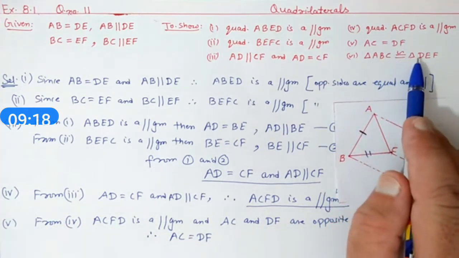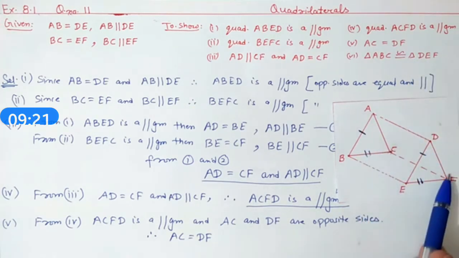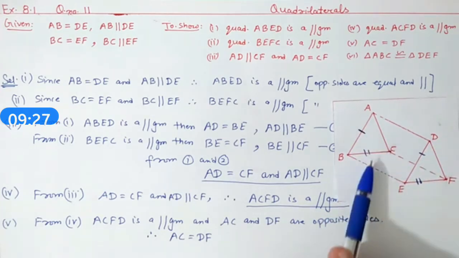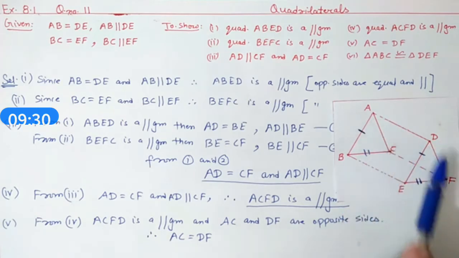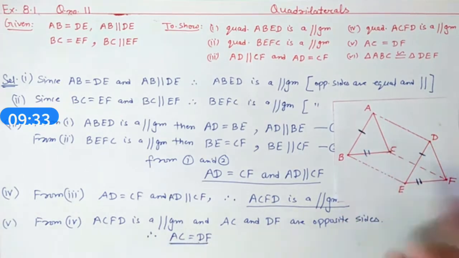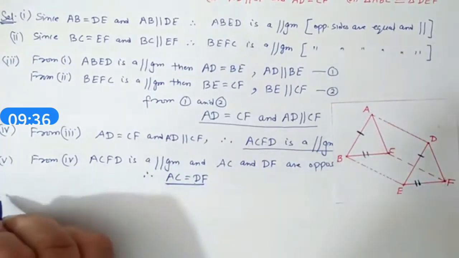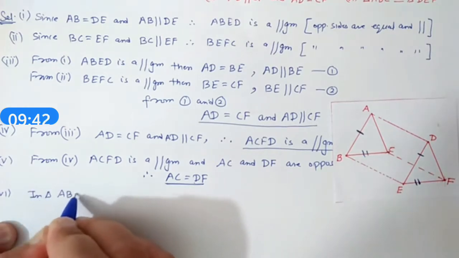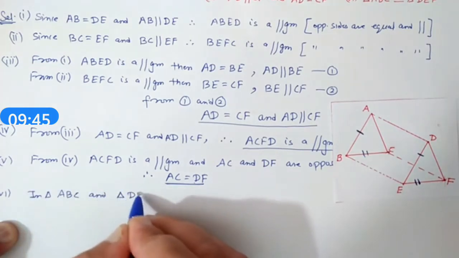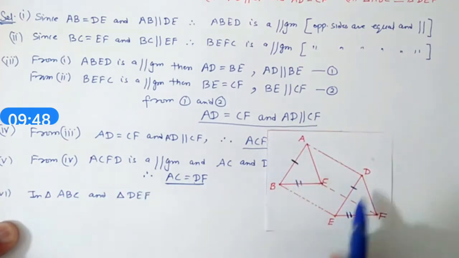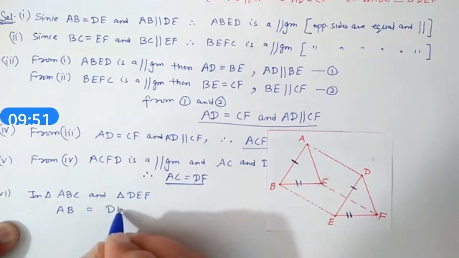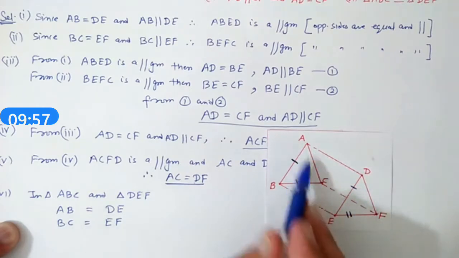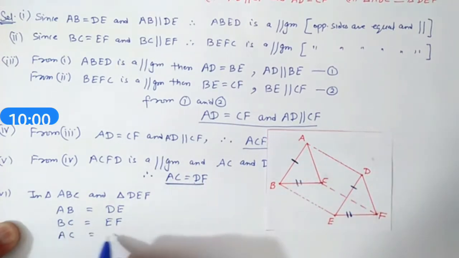After that, in part 6, triangle ABC congruent to triangle DEF. So what you will do from here, find the three equal things. Very easy. From the figure you can easily see that AB equals to DE, it is given, BC equals to EF, it is also given, and AC equals to DF we have proved in fifth part. So you will just mention all these three things. So write down for the proof. In triangle ABC and DEF, AB equals to DE, BC equals to EF and AC equals to DF.